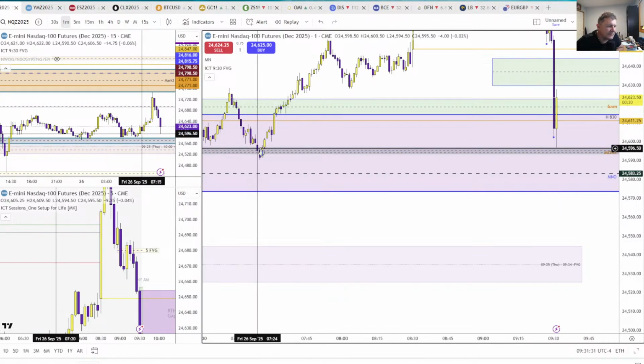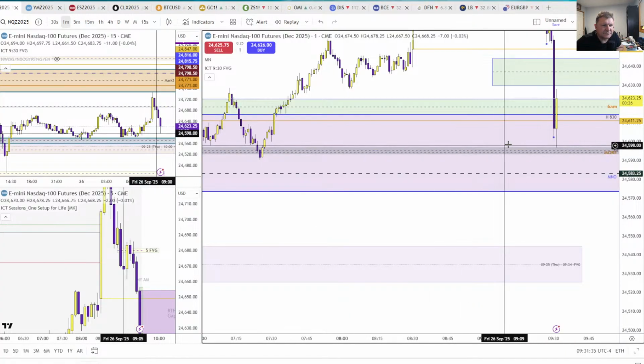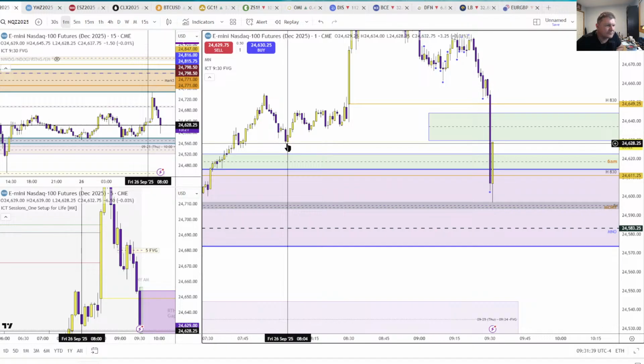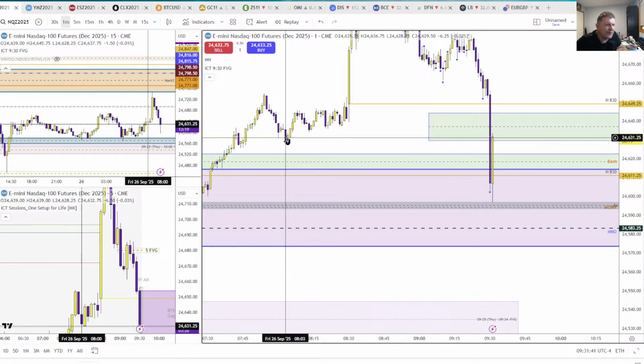Oh no, it's not. It's into the consequent encroachment of this. Retest old low. All the way into that candle.